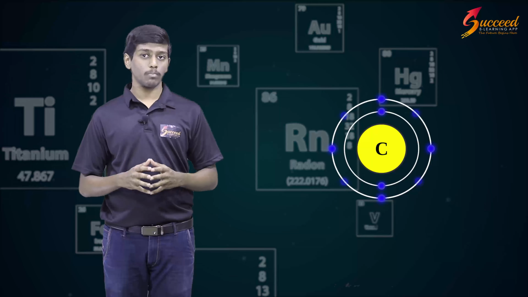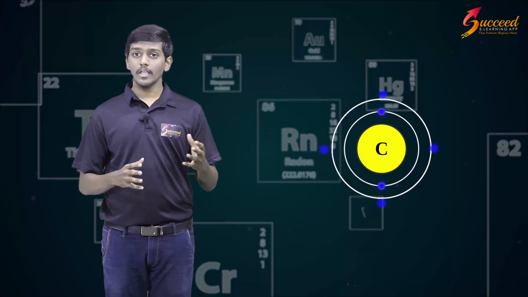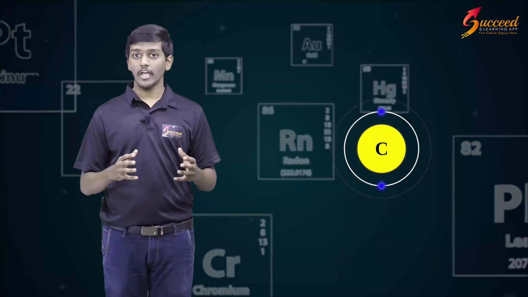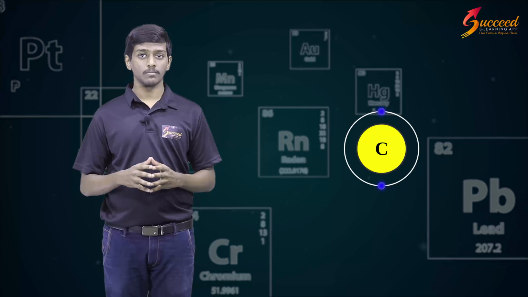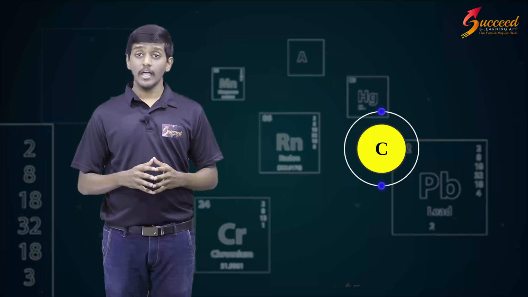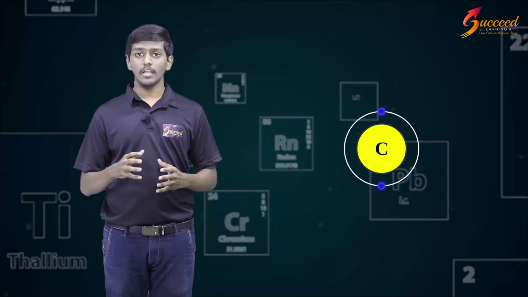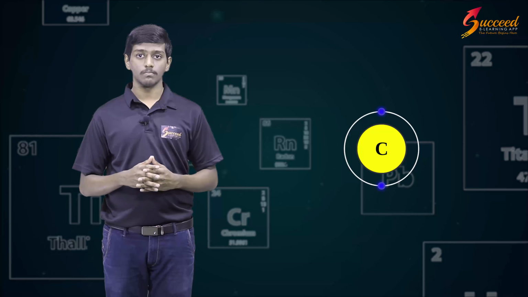Thus, this is not possible. The second way is it can lose the 4 electrons and become C4 plus cation. This is also unstable and it requires large amount of energy to remove 4 electrons from the outermost shell.